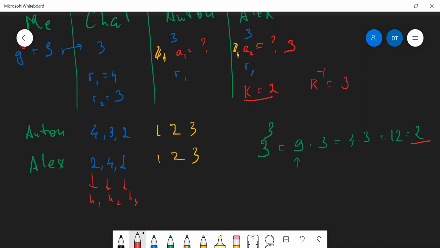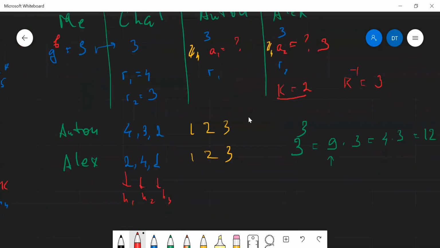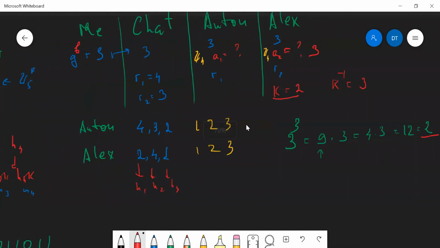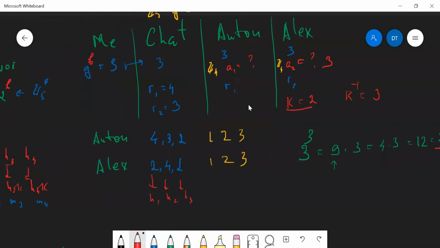Okay, is it clear? So, as you can see, I just demonstrated to you that we can communicate without knowing these numbers A1 and A2. These are the secret numbers you don't have to tell me, and neither do I have to tell you my secret number B. And actually, as you can see, since we have the same public keys, we have chosen exactly the same secret number.